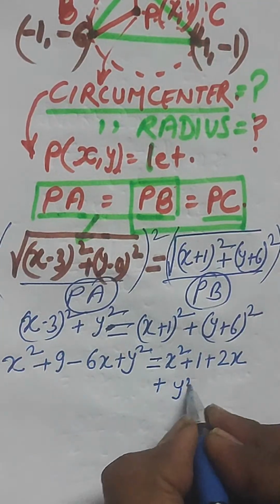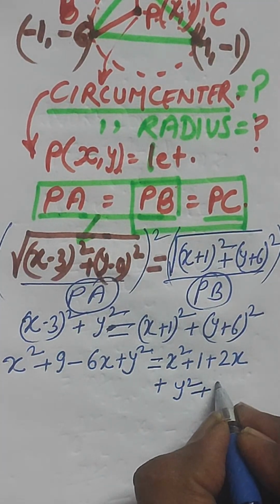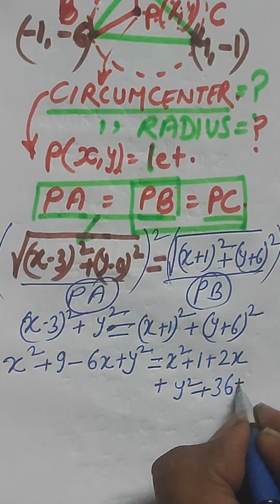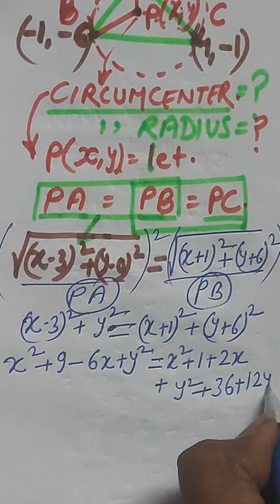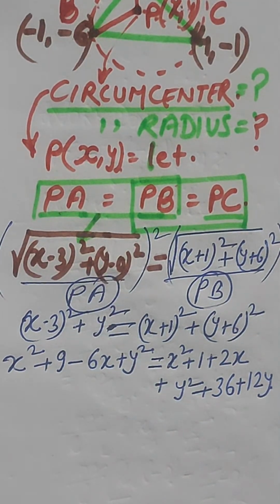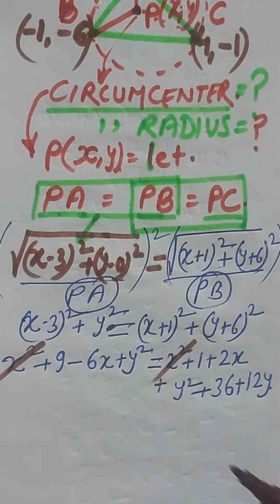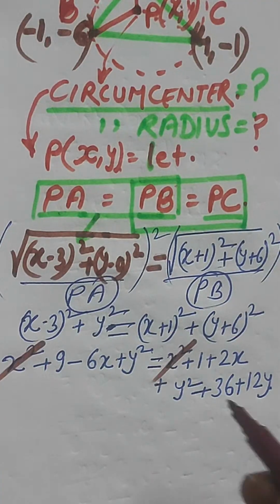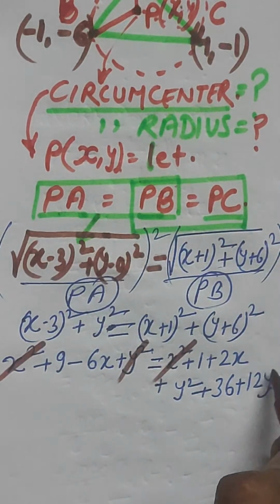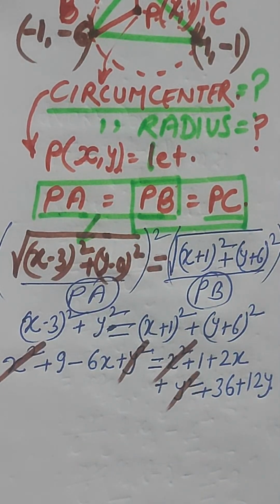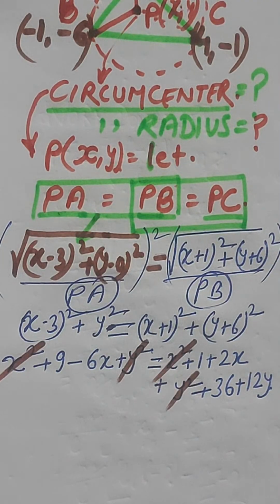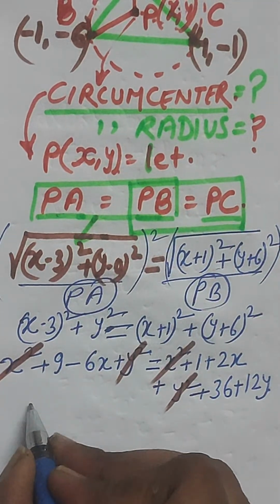Plus y squared plus 6 squared, that is 36, plus 12y. So here you can see, students, this x squared and this x squared will be cancelled out. This y squared and this y squared will be cancelled out, and we will have an equation in the form of x and y, with two variables.